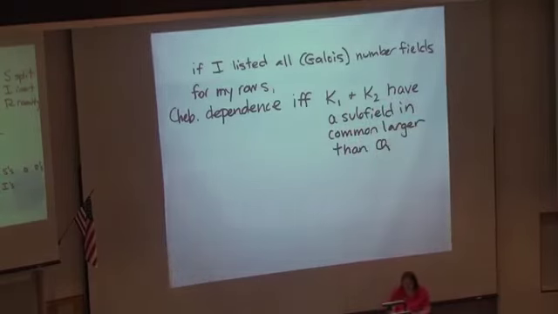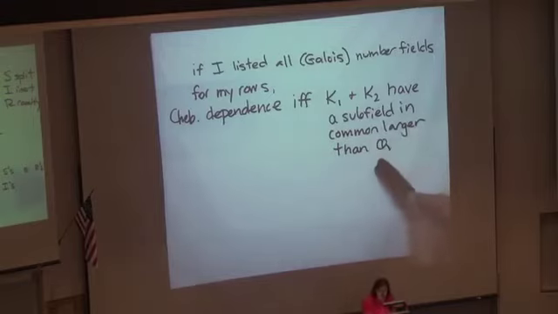So that's why we don't get any dependence in the quadratic fields, because if you have 2 distinct quadratic fields, they don't have some subfield in common. And once you think about this, intuitively it's not so surprising that this should cause some dependence.